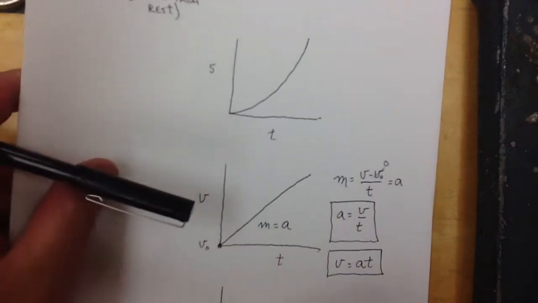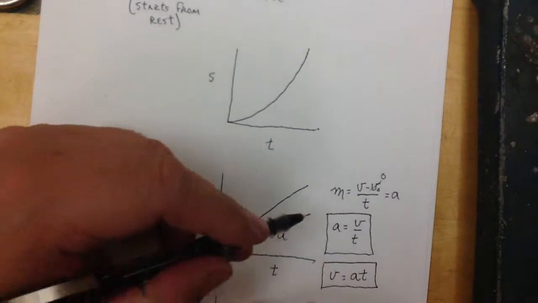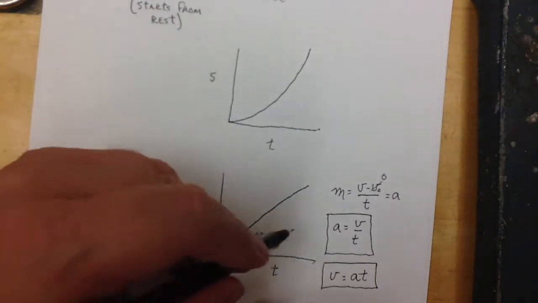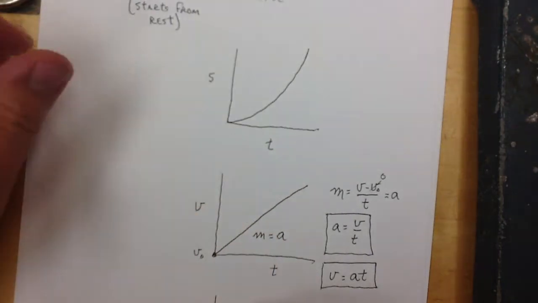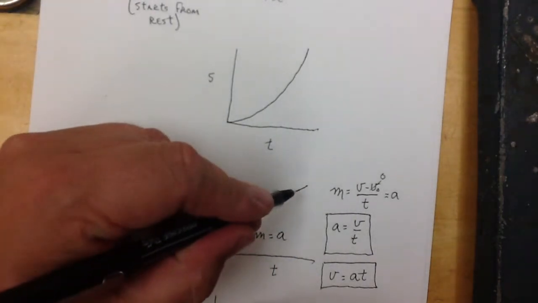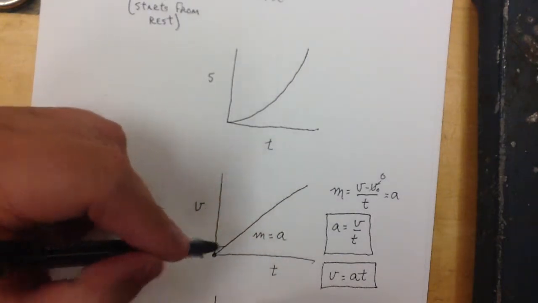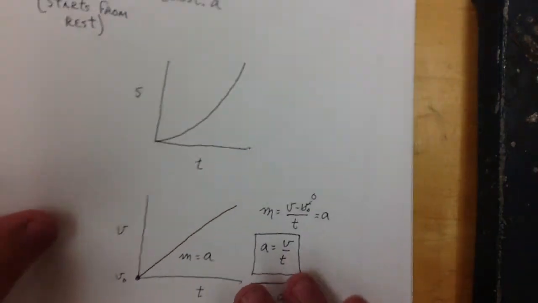Now, in order to develop a position equation for this, I'm going to go to a new drawing because that's going to involve the area underneath this graph. And since I've already used up this spot, I'm going to make a new graph. But in order to find the change in position, we're going to find the area, and this area is going to turn out to be the area of a triangle. So here we go.